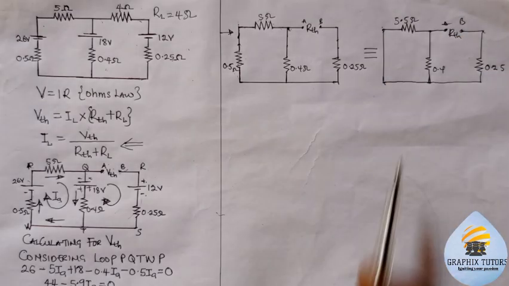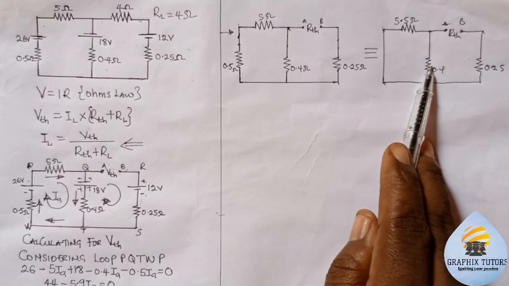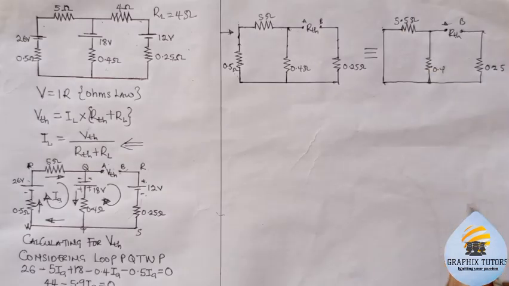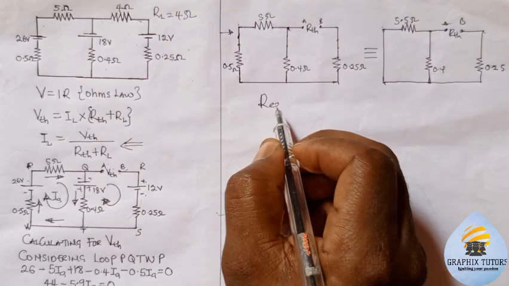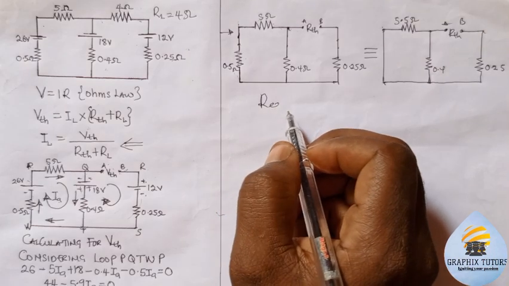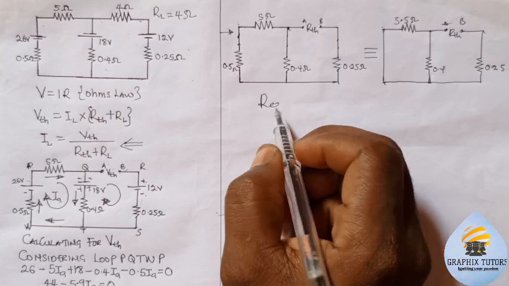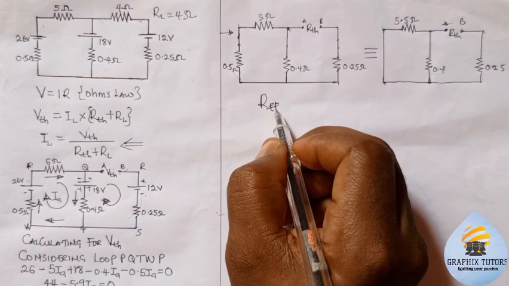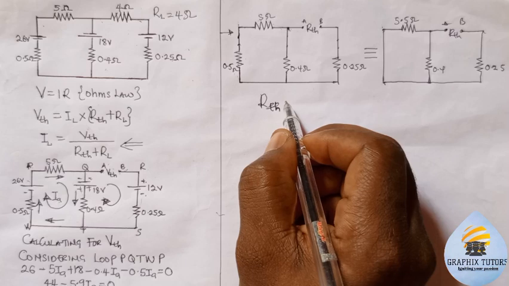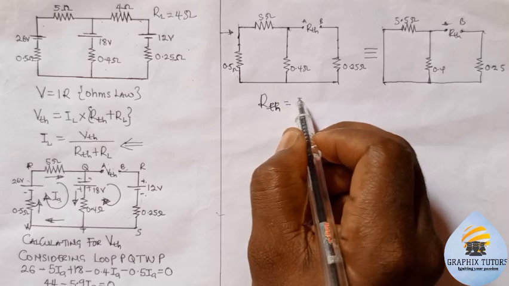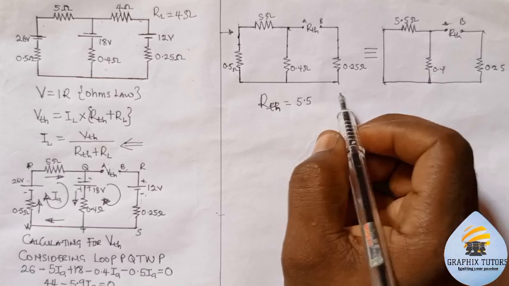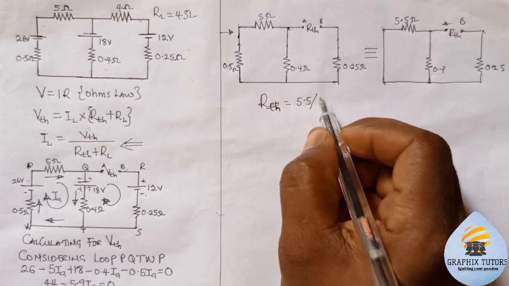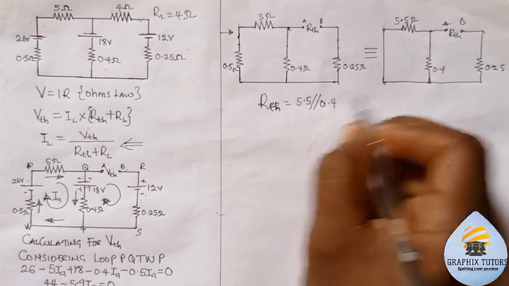Now what do you notice? This and this are in parallel. So I will now write that my equivalent resistance, which will be my RTH, will be equal to the 5.5 in parallel with the 0.4.